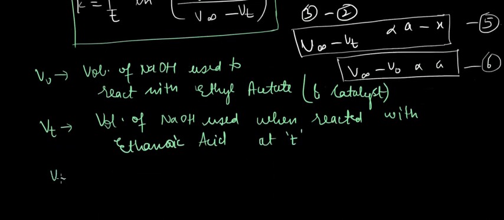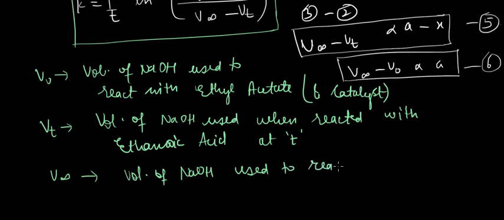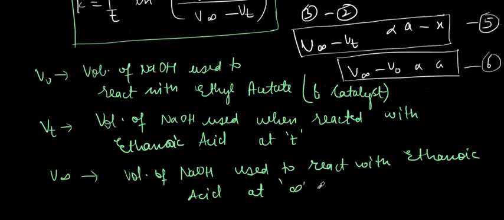And finally V infinity would be the volume of NaOH used to react with ethanoic acid at time t equals infinity.